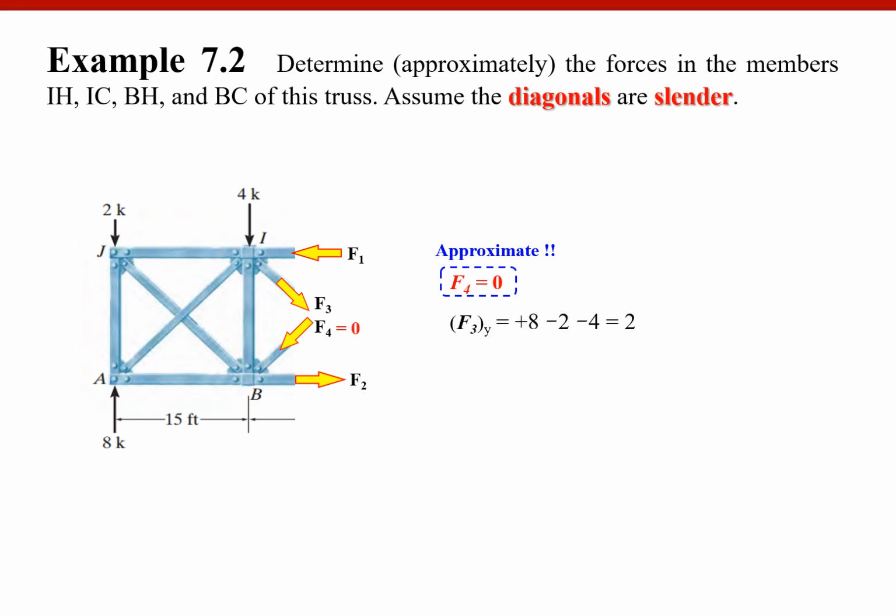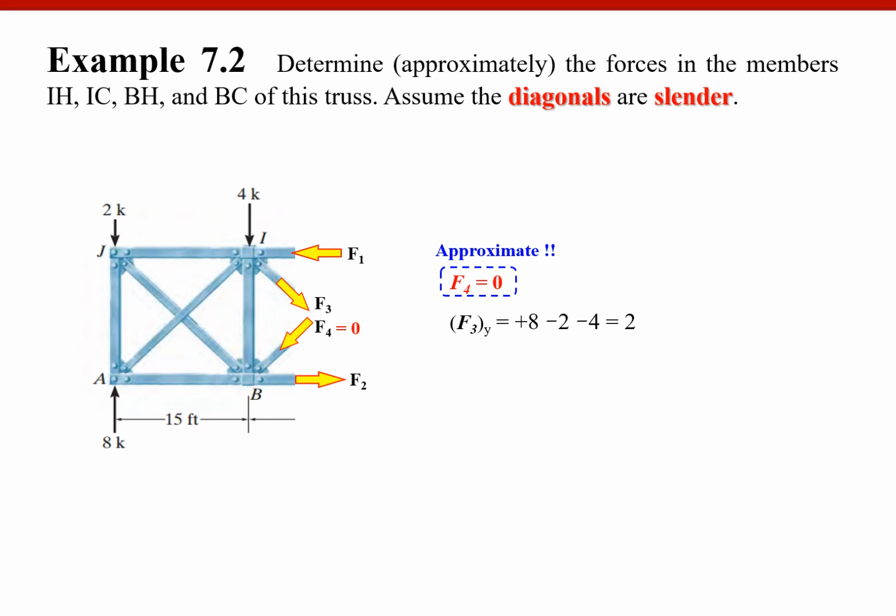So F3 will have only, I'm sorry, once again, F3 will have a Y component, and that will be 4K minus 2K minus 3K.